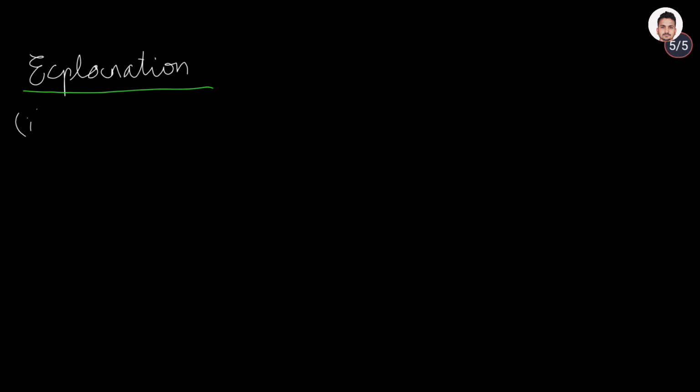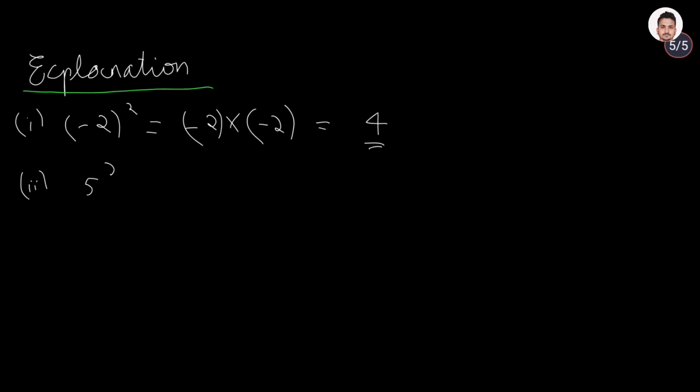First example, if you do the square of -2, what will be the answer? -2 into -2. 2 into 2 is 4, and minus into minus is plus. So we got 4 as the answer. Another example, 5 square. 5 into 5 is 25.